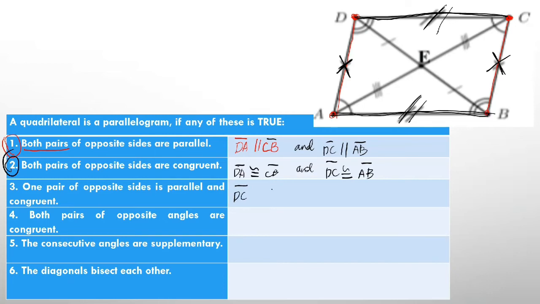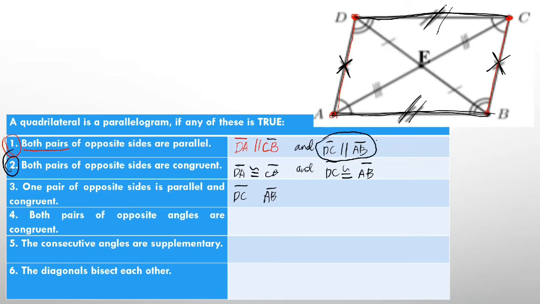So, we need to identify if it is a parallel and also a congruent. So, yung isa is for parallel. Yung DC natin is parallel sa AB natin. First is, nakikita natin siya sa ating figure or plane figure. And the second one is, we have proved this already to our first property, which is DC is parallel sa AB. Therefore, it is parallel.